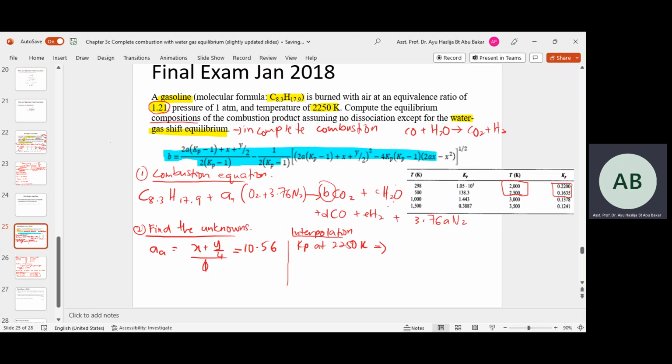Okay, calculate first, what is your Kp? Once you get your Kp, you can proceed to find the B using this equation.